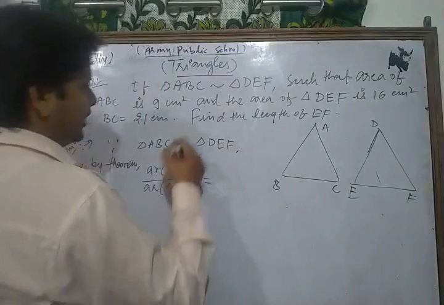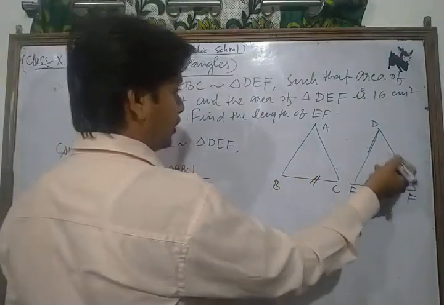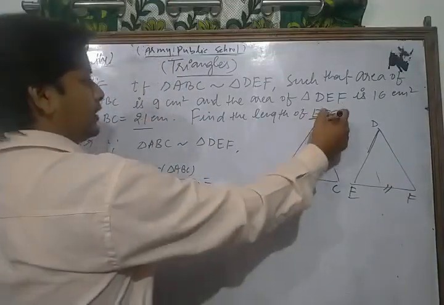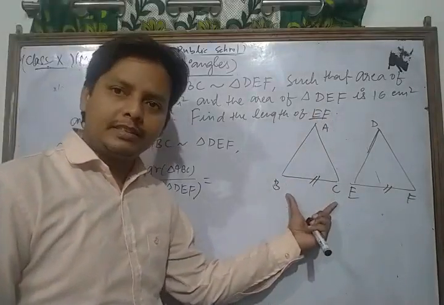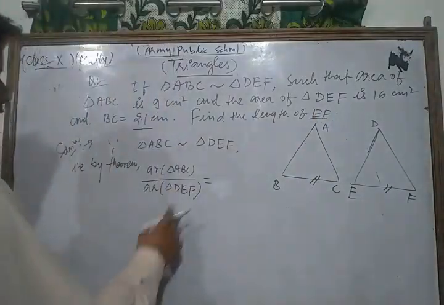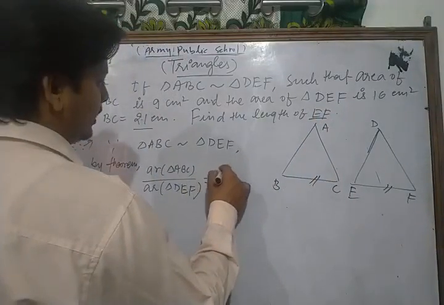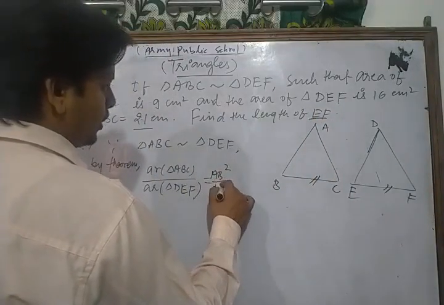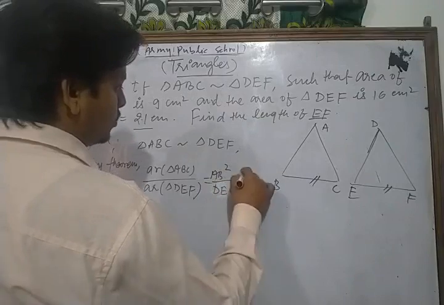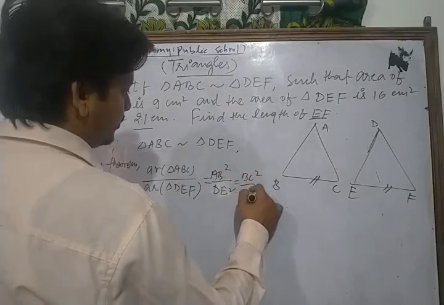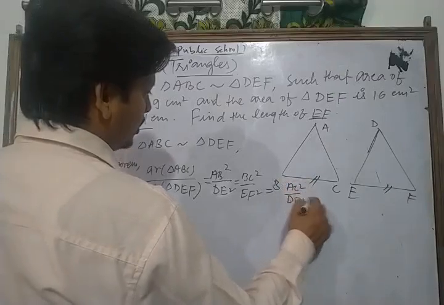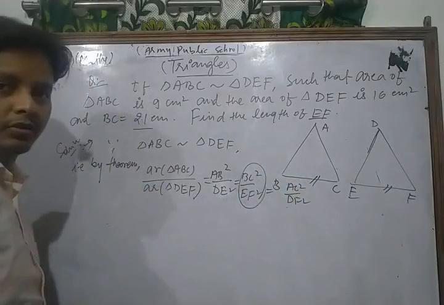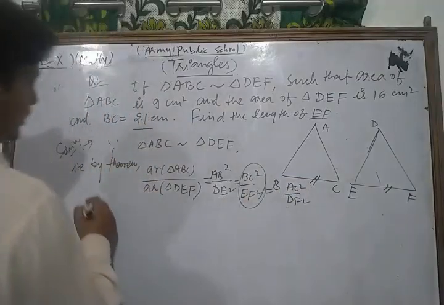We take the corresponding sides BC and EF, because here BC is given and EF is to be found. Or we can also write AB square upon DE square is equal to BC square upon EF square, as well as AC square upon DF square. But we take this relation because we have these values.